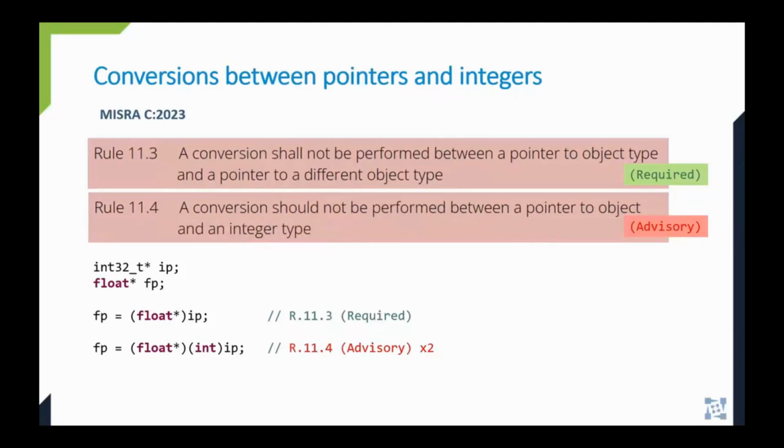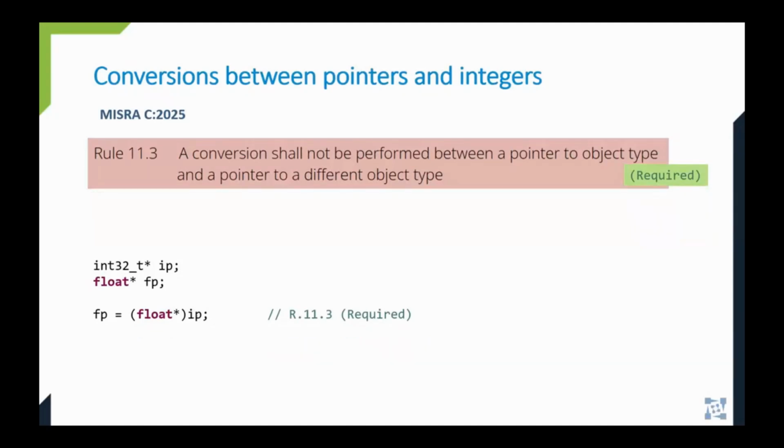But converting through an integer type has been guarded only with the advisory rule 11.4. So this construction, even though at least as bad as the previous one, did not require formal deviation procedure. Now in MISRA C 2025, the first construction is still prevented with the same rule 11.3.